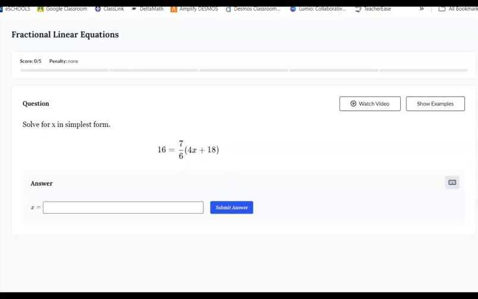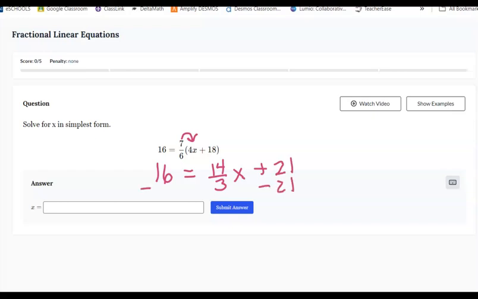So when I get that here, this 16 over here on the left will remain. So 16, and then I believe we got 14/3, and then 7/6 times 18 is 21. You're going to subtract 21 from both sides, giving us negative 5 equals 14/3 x. And here's where it gets a little tricky. You have a couple of options.